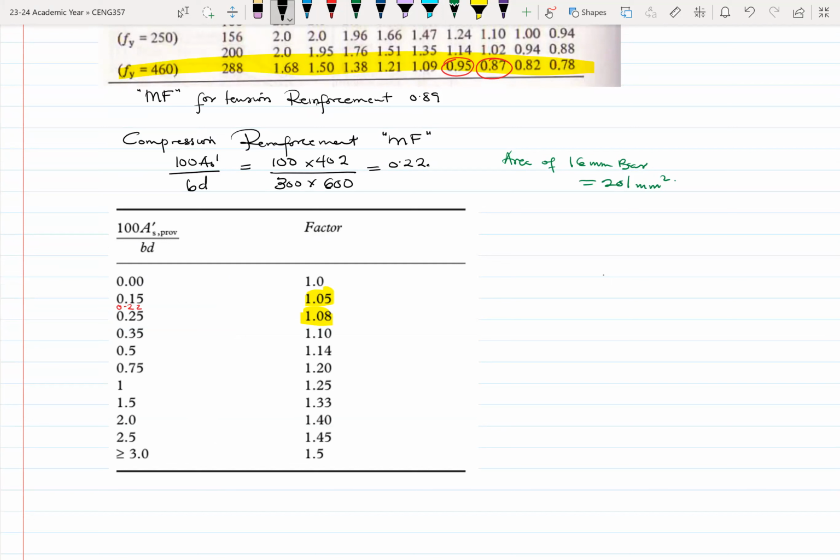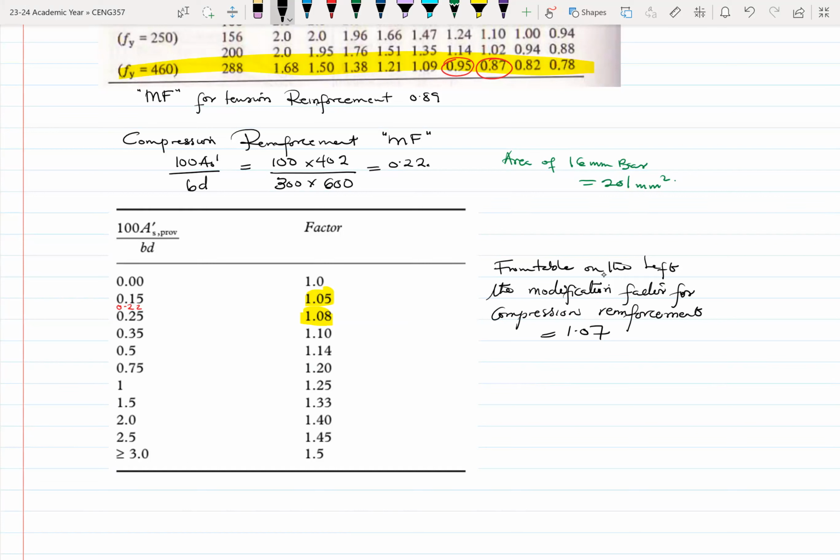If you do the calculations, you'll realize that from the table on the left, the modification factor for compression reinforcement will be 1.07.